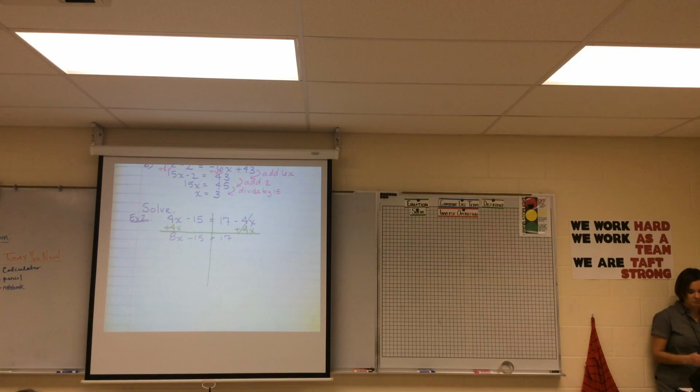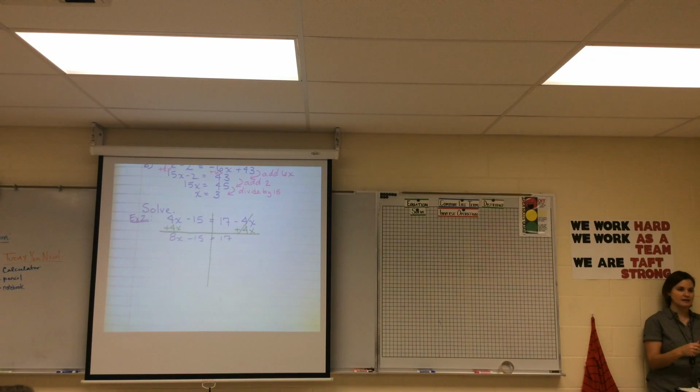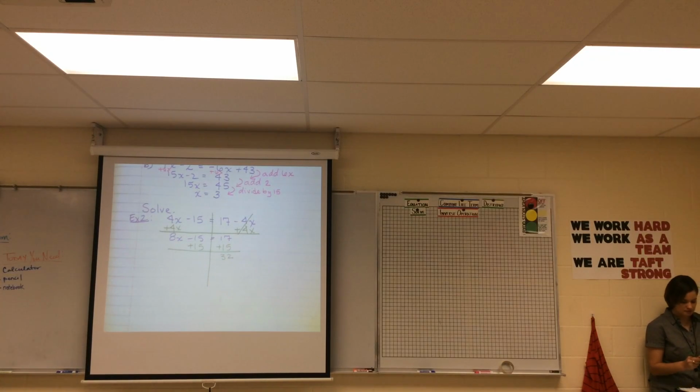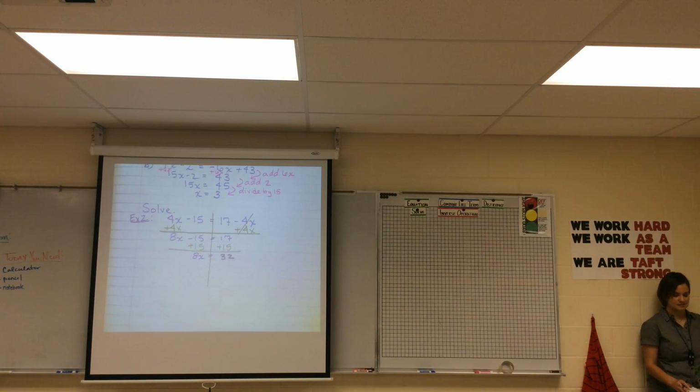So now I've got all of my x's on the left side, so let's try to move all the numbers to the right. What do we got? 15, exactly. 17, exactly. So if I add 15 to both sides, I get 32 on the right side, equals 8x. Beautiful teamwork, gentlemen.